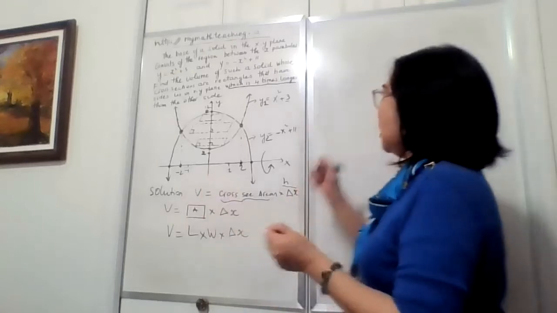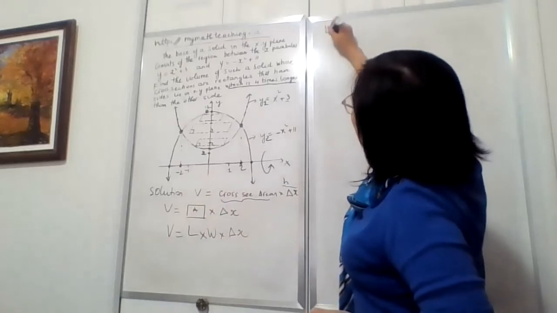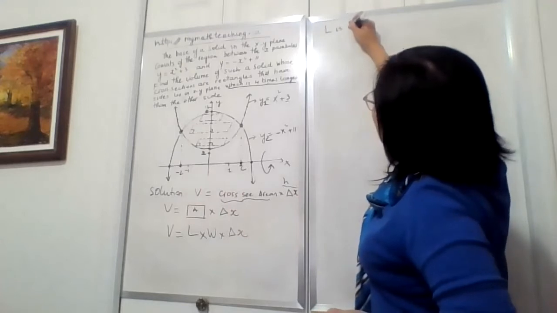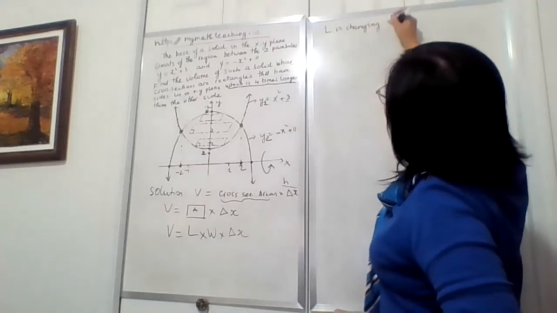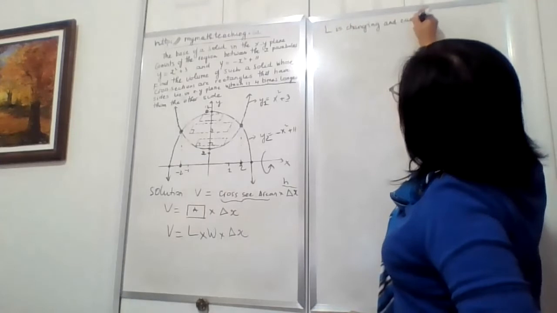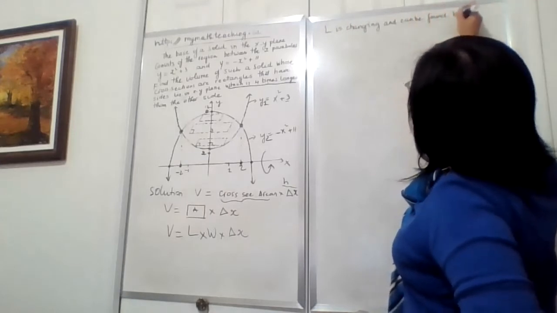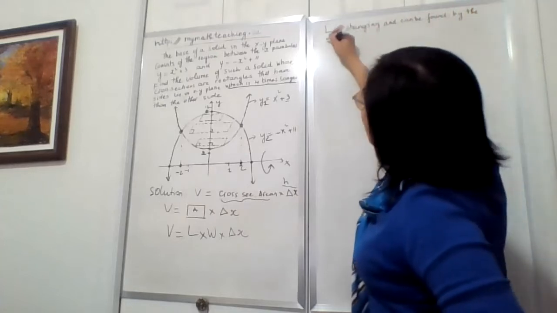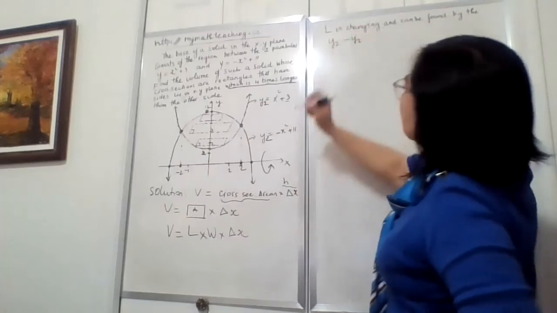So I'm going to say here the length is changing and can be found by the difference, y2 minus y1.